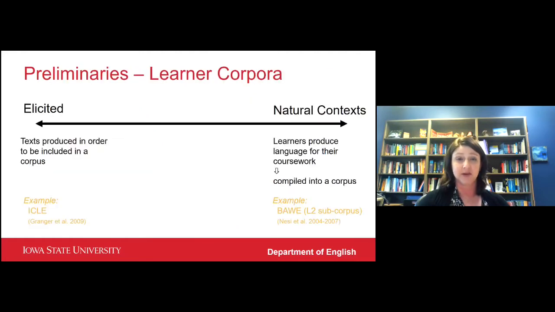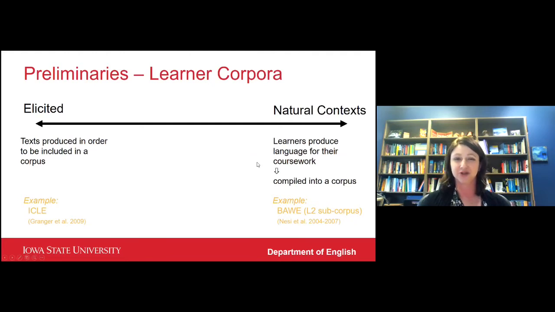And so when we look at learner corpora, one of the things that's very different about learner corpora from corpora that are intended to represent registers is that we do get corpora that collect text that occurred in natural context. So this would be something like coursework corpora, where the learners produced language, essays or speech for their coursework.